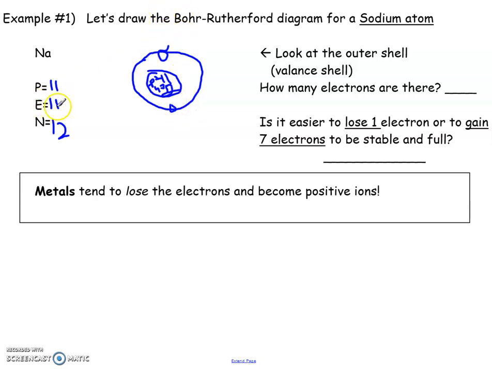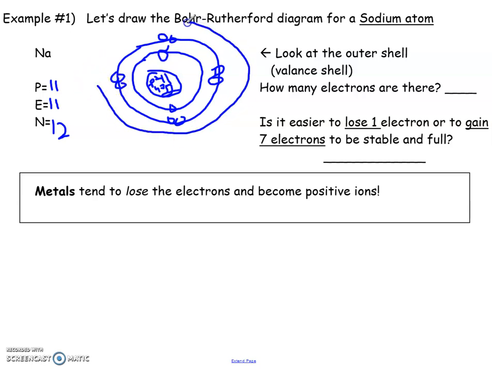We need 9 more, so we're going to draw another orbit, and we're going to have a full 8 on here. 1, 2, 3, 4, 5, 6, 7, 8. So we have 10 so far. We need 1 more, so we need a total of 11.